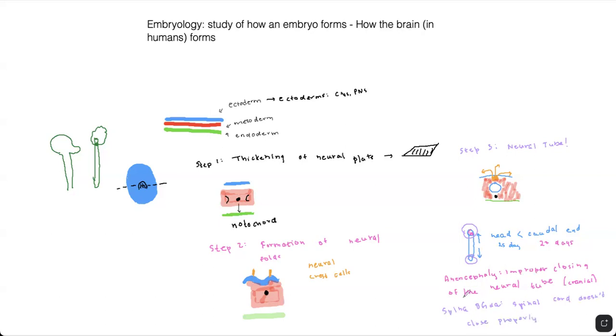This one isn't as fatal as anencephaly because your spinal cord, yes, is also important, but it's not as severe, I guess you could say, as having an unclosed brain. Do you guys get what I'm saying?